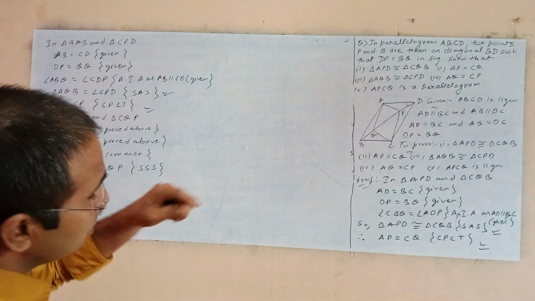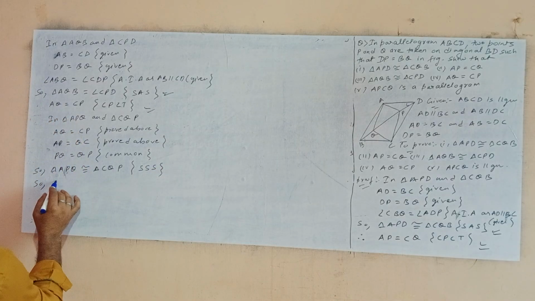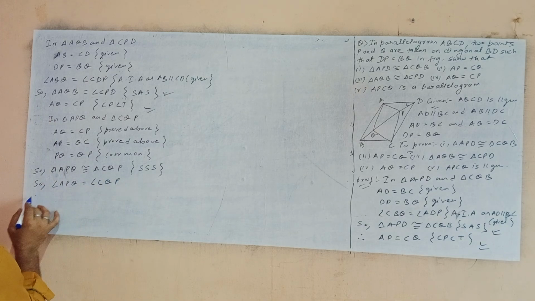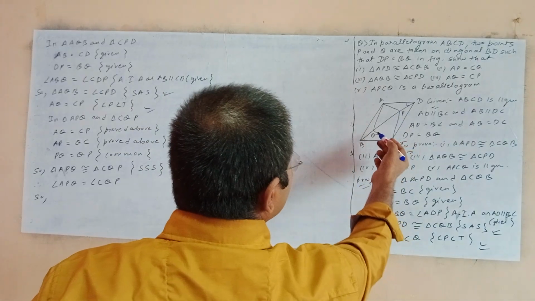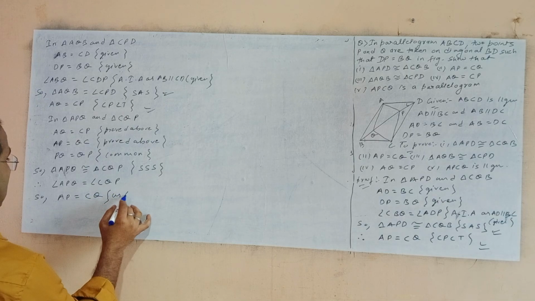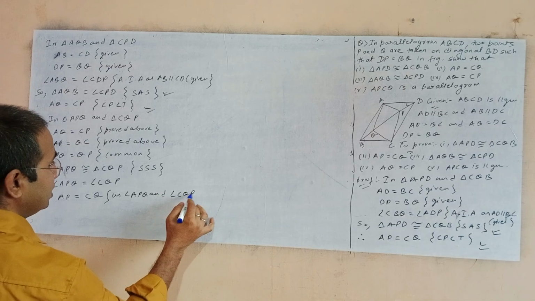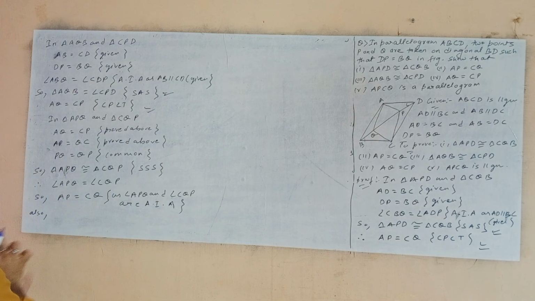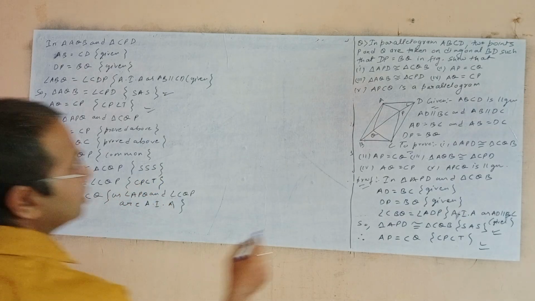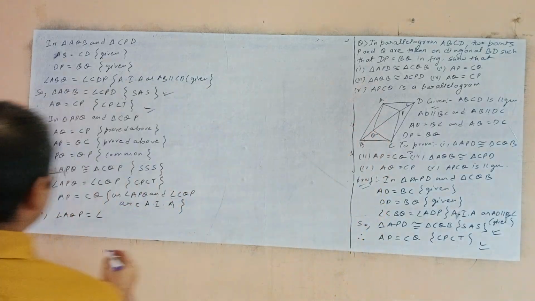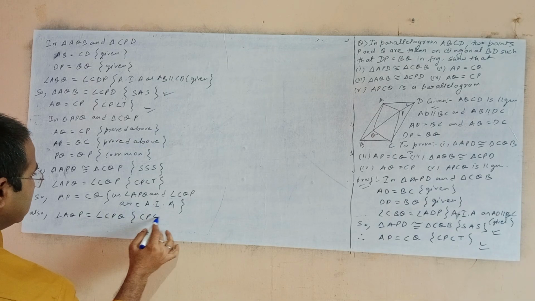So what will you write? Angle APQ is equal to angle CQP by CPCT. Therefore, AP is parallel to CQ, as angle APQ and angle CQP are alternate interior angles. Also, angle AQP is equal to angle CPQ, again by CPCT.